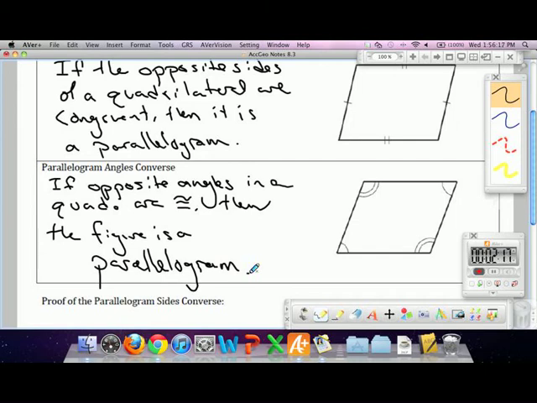And those two theorems yesterday said if it's a parallelogram, then we know some things about its sides and angles. If you know something about the sides and angles, then we can conclude that it must be a parallelogram.